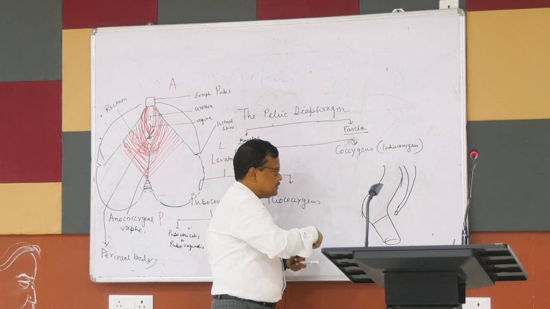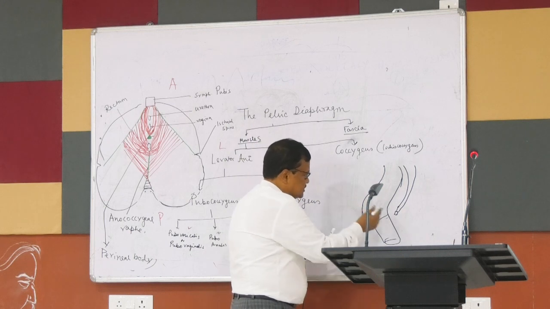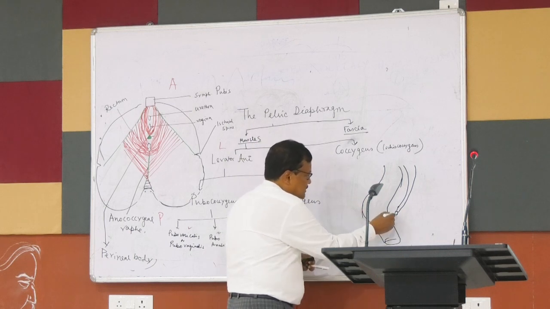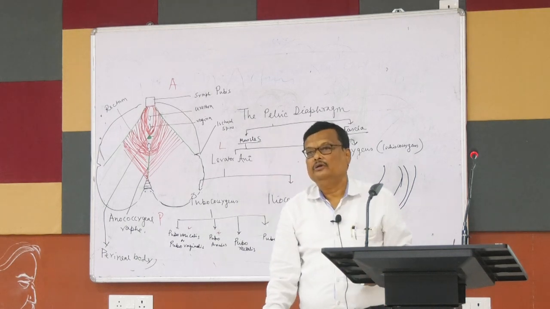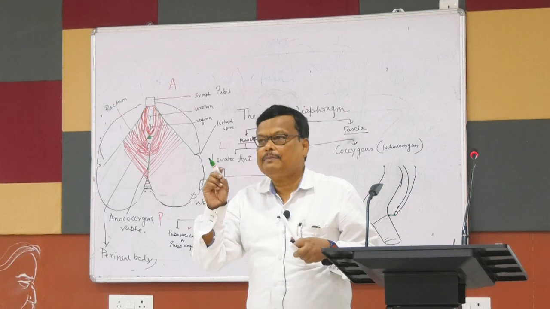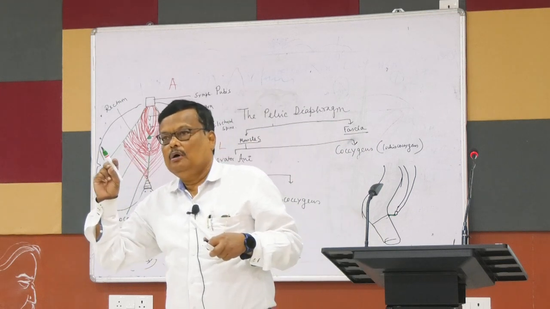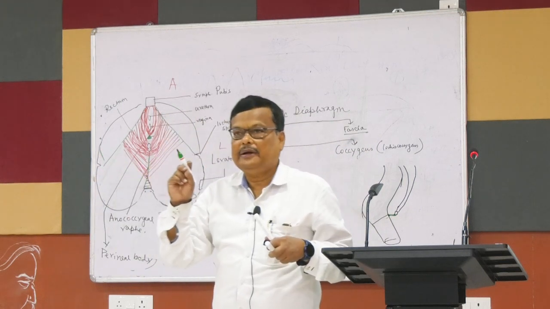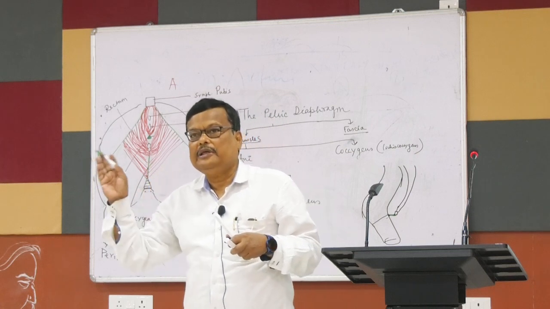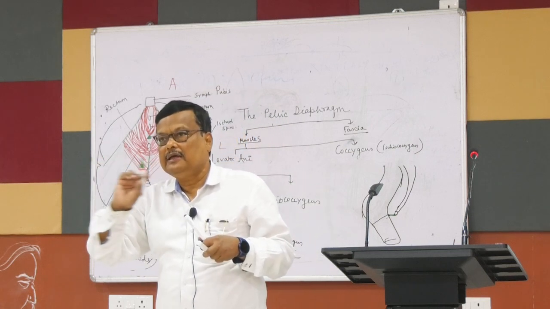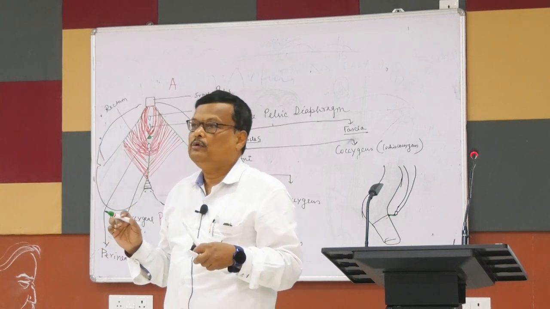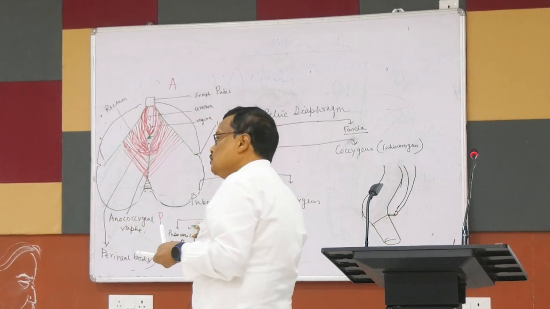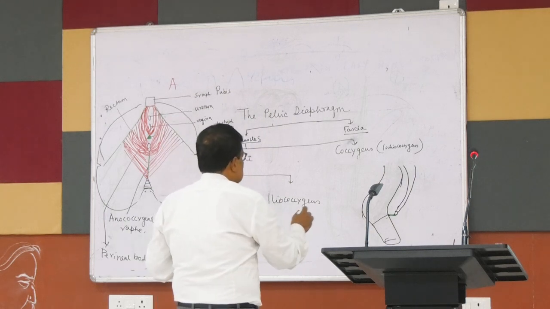Here there is a band from the tip of the coccyx to the anorectal junction, and this is known as the anococcygeal band. From the posterior part of the anorectal junction, the wall of the anorectum, to the tip of the coccyx, there is a thickened fibrous band, like a rubber band, and it is called the anococcygeal raphe. Actually it is not only fibrous, some of it is also muscular.